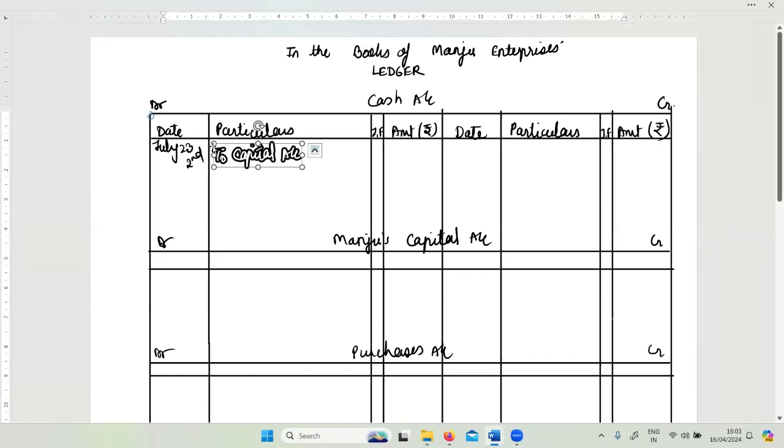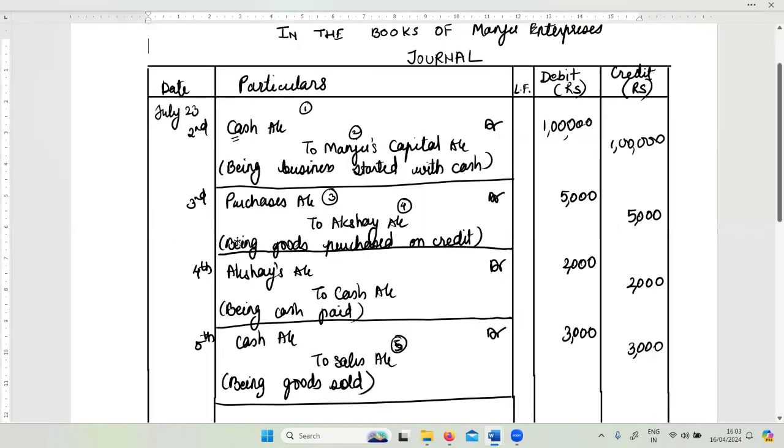Sorry. So I will write to Manju's capital account, 1 lakh rupees. Now, does this end my ledger posting for the first transaction? No. I have written the debit side. Now I have to write the credit part of this transaction.